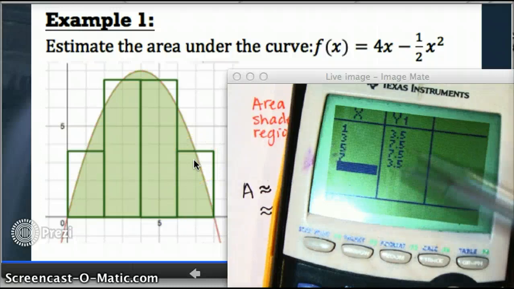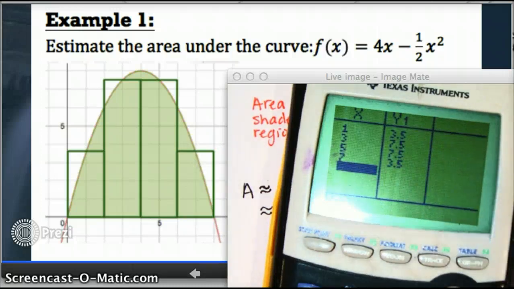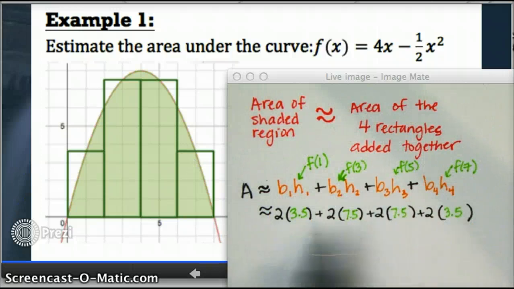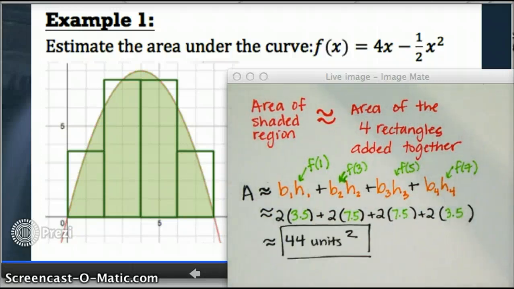And these heights, which just come from plugging in those x values to the parabola's function, these heights, or y values, give us our heights of our rectangles. And when we add them all together, we get our estimate of 44 units squared, which is just an estimate, but not too bad. It's very little work.